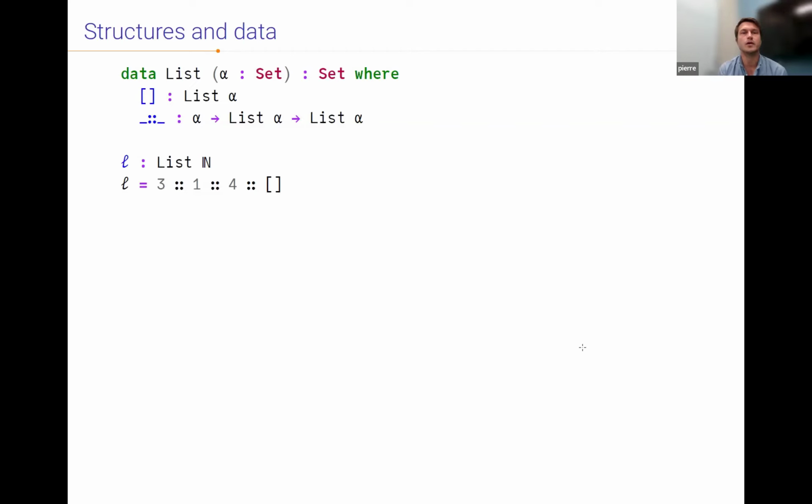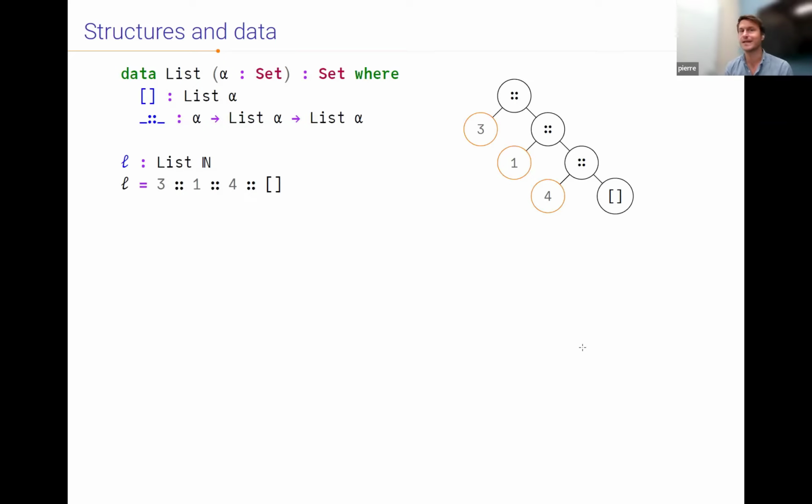Okay, so if we take one of the most known examples of a data type, namely the polymorphic type of list, then if I take an element L in one of these instances, here the instance at the integers, what I can have as a mental picture for this element is something like that on the right. So I look at the abstract syntax tree of that element.